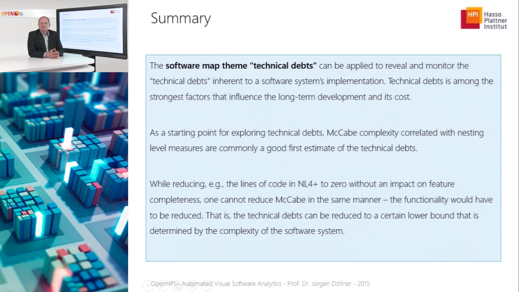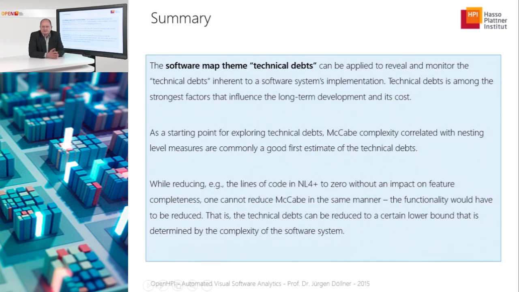While reducing, for example, the lines of code having a nesting level 4+ complexity even to 0 without an impact on feature completeness, one cannot generally reduce McCabe complexity in the same manner. If so, the functionality would have to be reduced. That is, the technical debts can be reduced to a certain lower bound that is determined by the complexity of the software system, of the complexity of the specific module, of its algorithms, and other aspects of its structure, type, and nature.